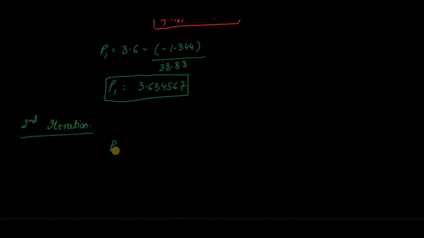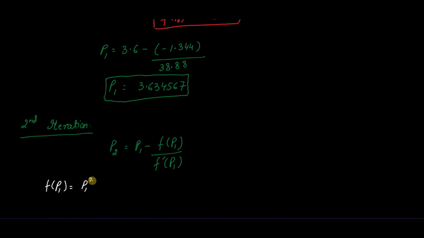For the second iteration, our customized formula is P2 is equal to P1 minus f of P1 divided by f prime of P1. Now we are going to find out the f of P1. For that, I am choosing my function and substituting it.